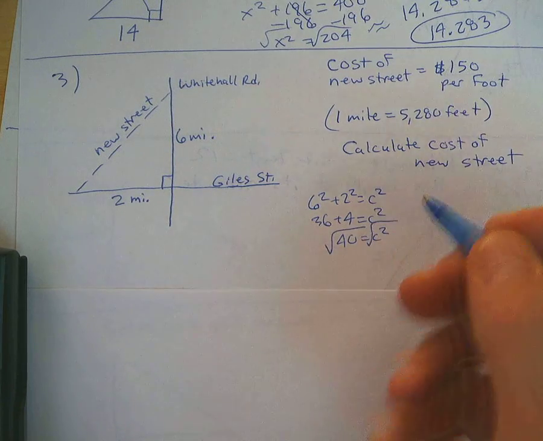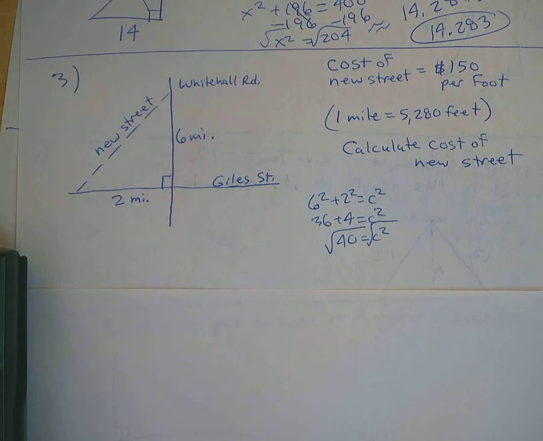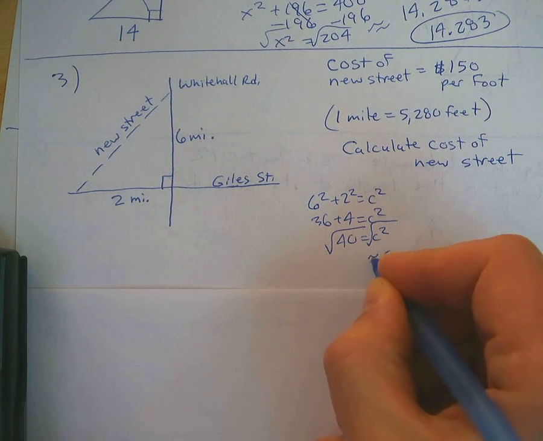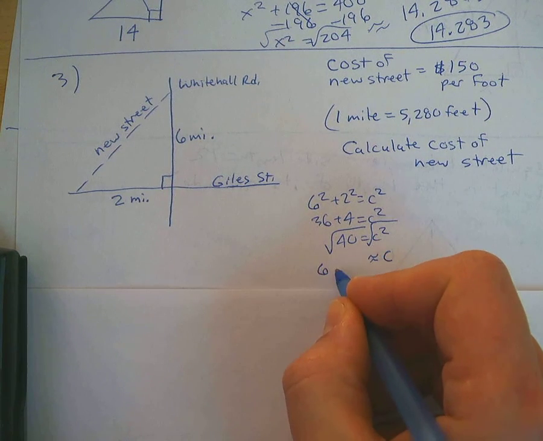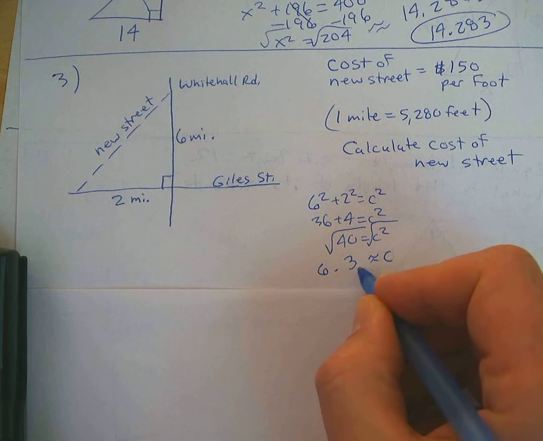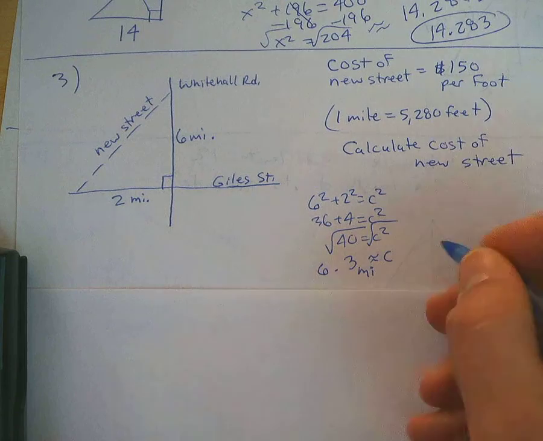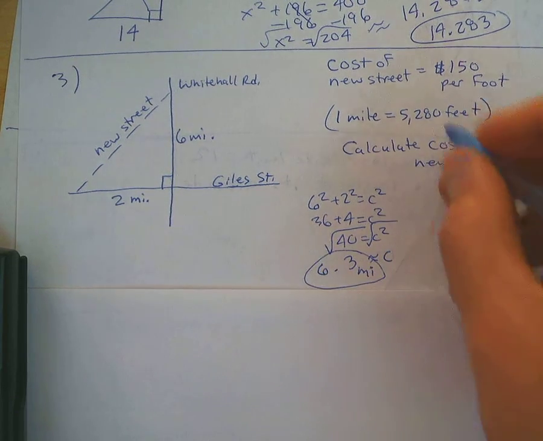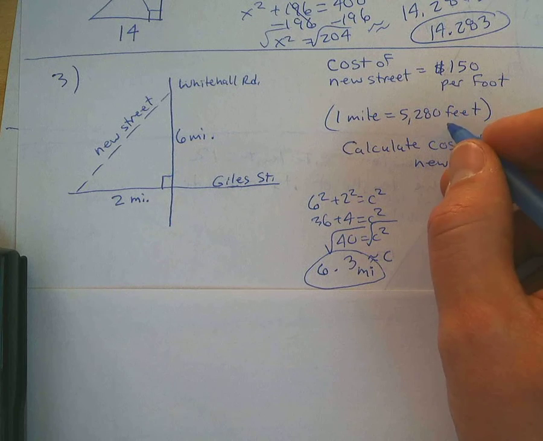Take the square root, and we get square root of 40 is about 6.3. All right, that is in miles. So let's round to the nearest tenth. Now we're going to take this number, and each mile is 5,280 feet.